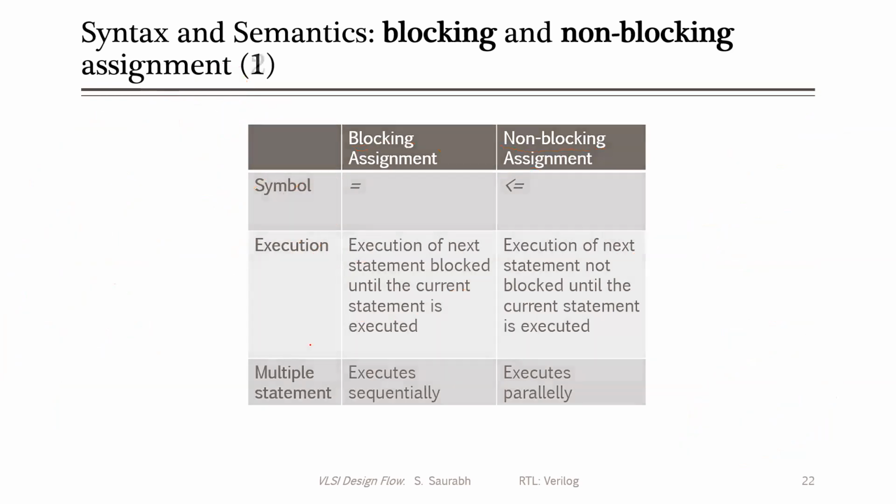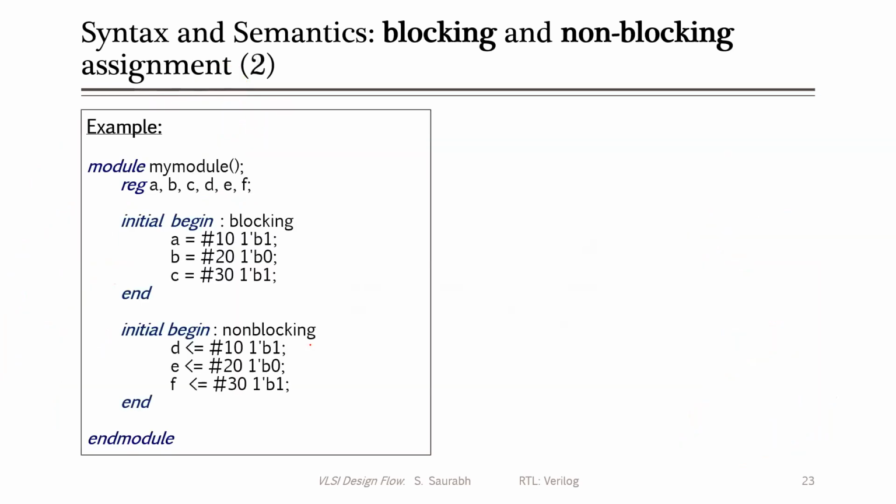Let me give you an example, then it will become clear. Suppose you have two initial blocks. In the first initial block you have blocking assignments, and in the second block you have non-blocking assignments.